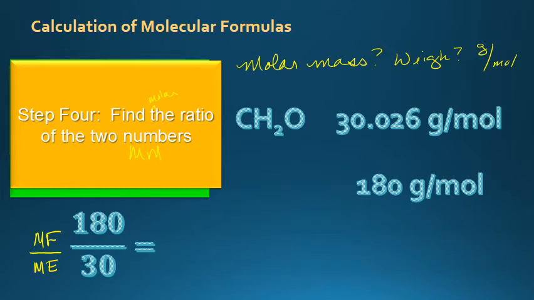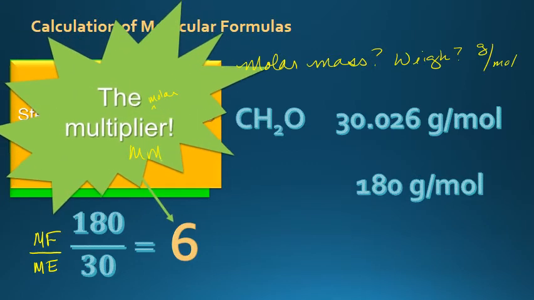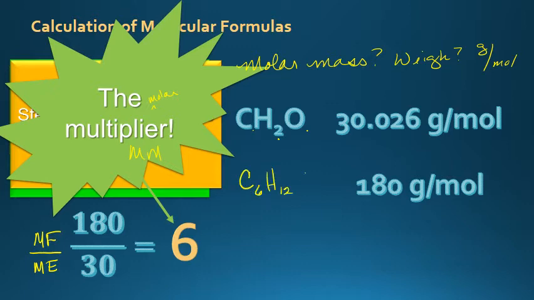And that number is 6. Groovy. What are we going to do with that? Well, that is our multiplier. We're going to multiply each one of these subscripts by 6. So the molecular formula, the real deal, is C6H12O6. And that's all there is to it.